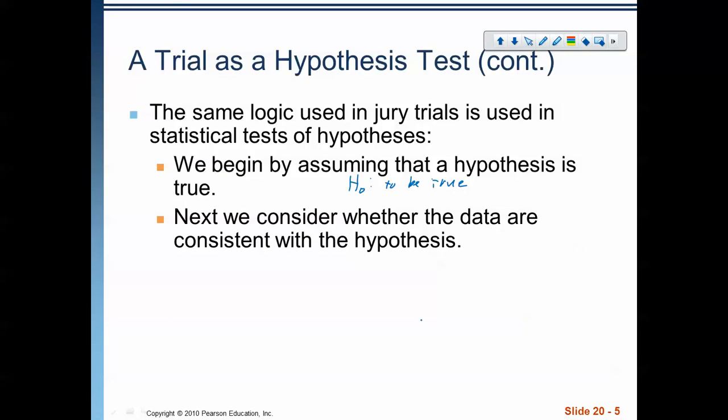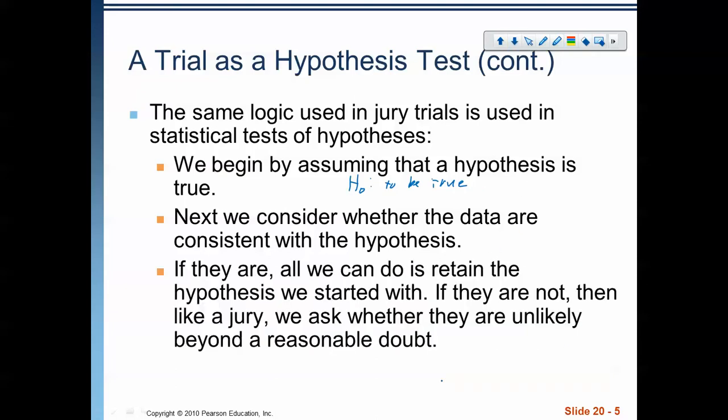We consider whether the data is consistent with that. Does it align with this being true? And if it is, we retain that hypothesis. We don't change it. But if it's not, we have to ask ourselves whether the evidence that we have found is beyond a reasonable doubt.